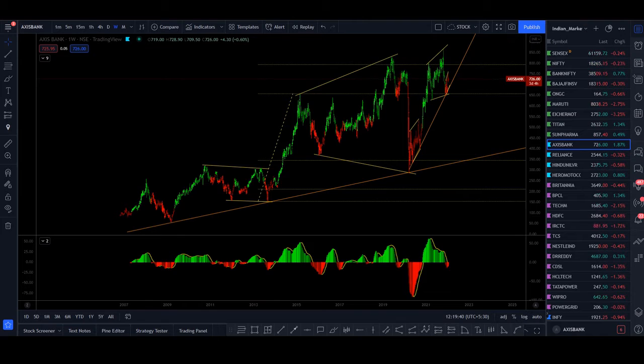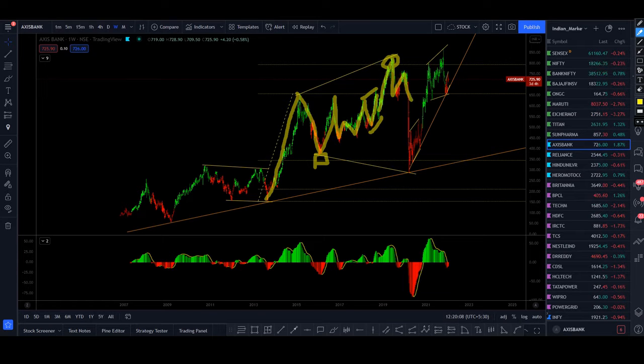Here, let's say this is the impulse followed by a correction which comes close to the Fibonacci range, and then the wave has started its consolidation on the upper side where it reached the higher point, and then it has another impulse down.